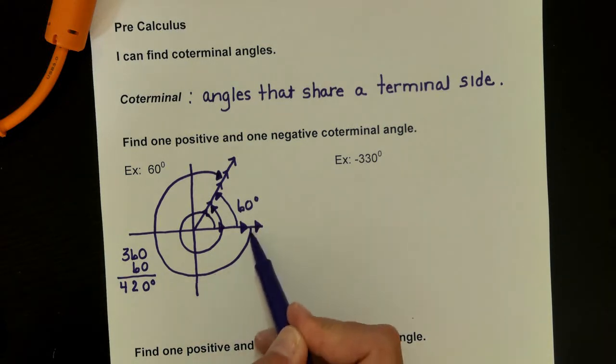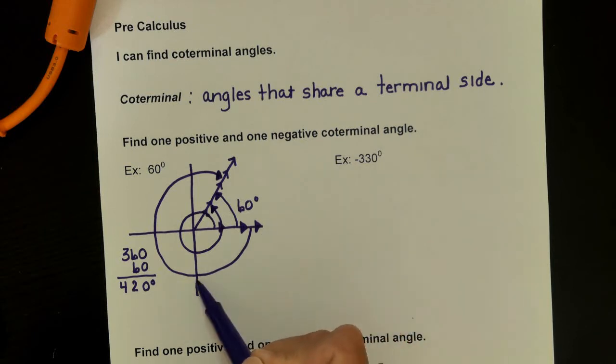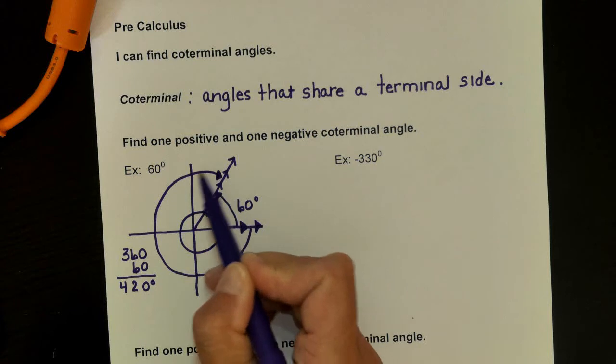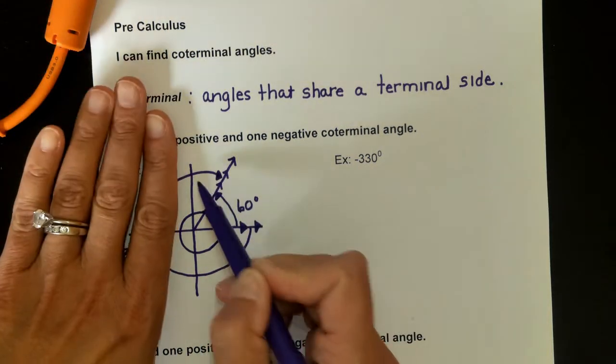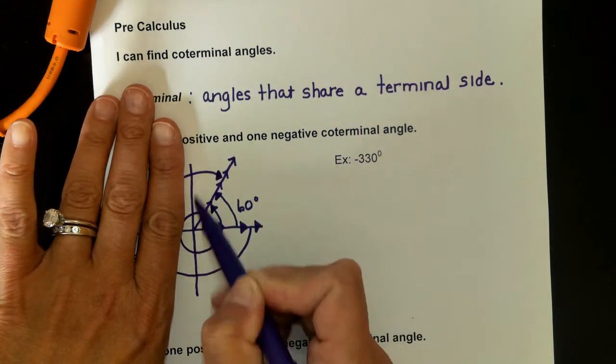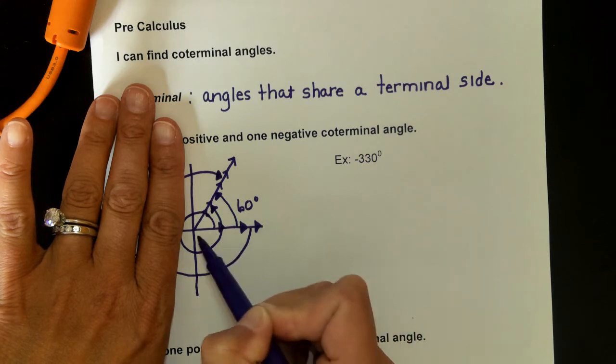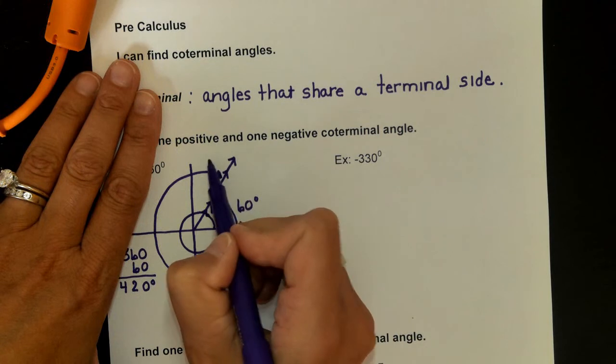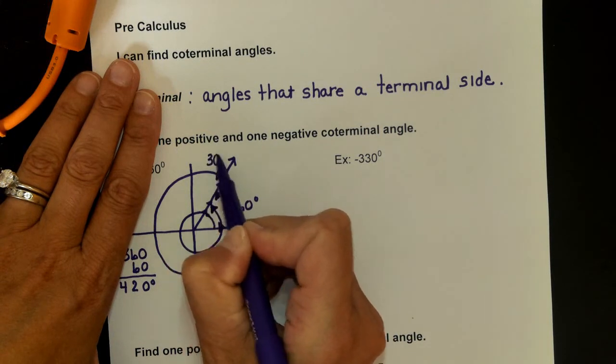Remember, each box is 90 degrees. So it's 90, 180, 270, and a little more. Well, this box right here, or quadrant, is 90 degrees as well. And if this is 60, that means that remaining piece has to be 30.